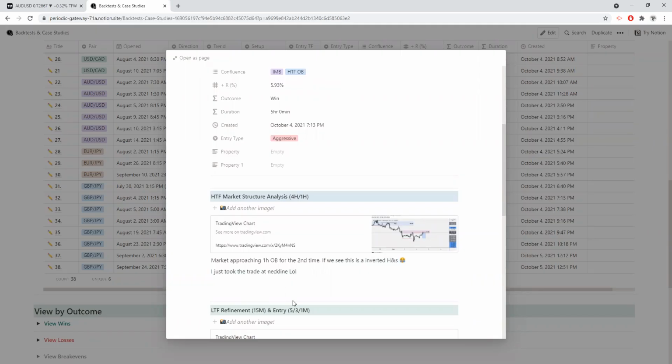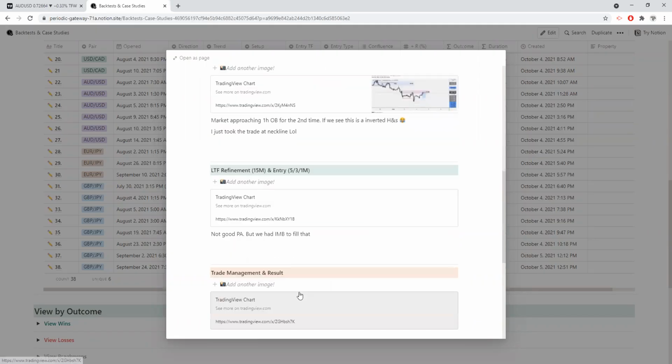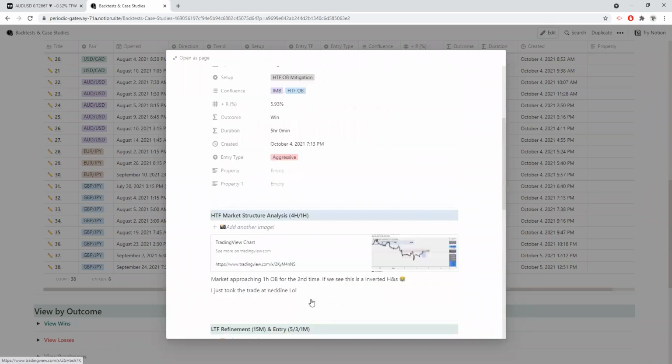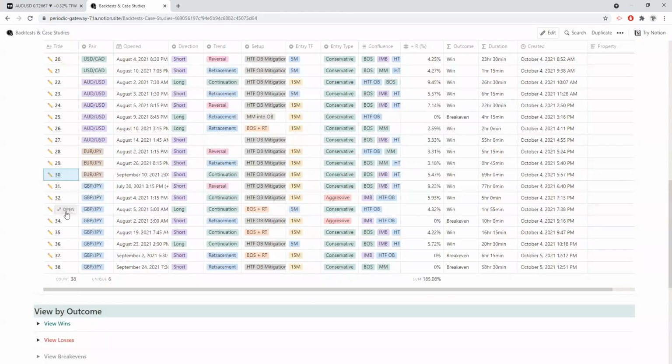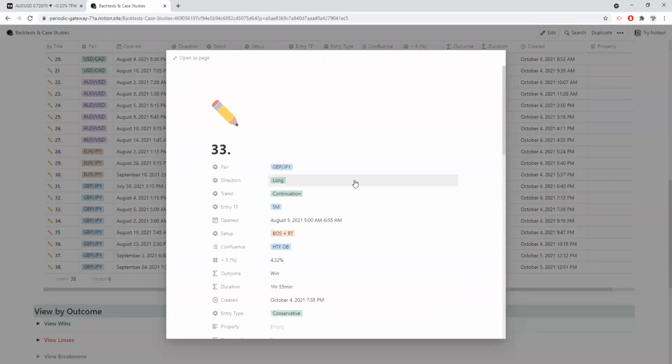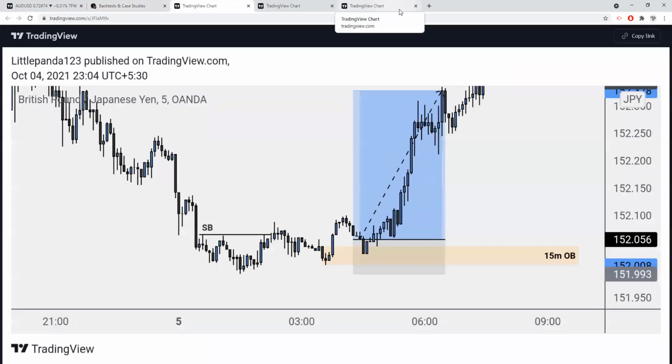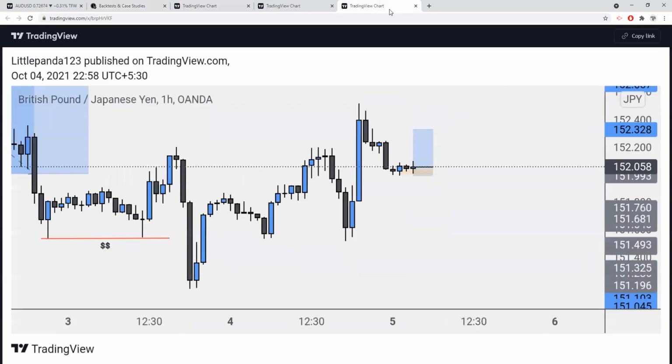I just took the trade on the neckline. Wait for more confirmation. No. If you see that you're doing good like this, keep doing it. I will not even tell you to go to the lower time frames, because you're doing an amazing job staying above the 5 minute. Maximum 3 minute, and this is only if you don't see anything clear.